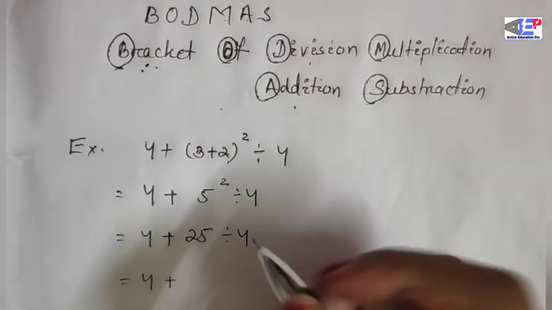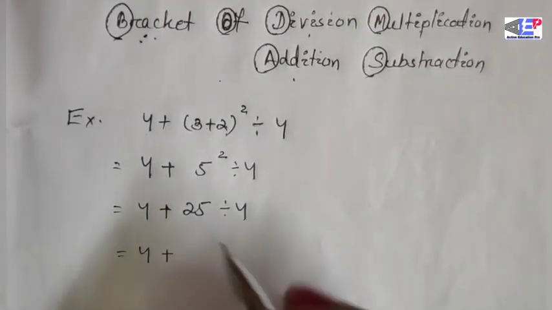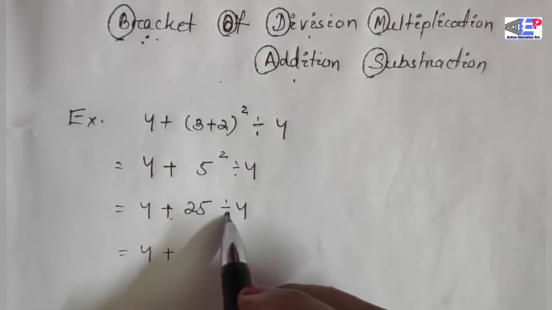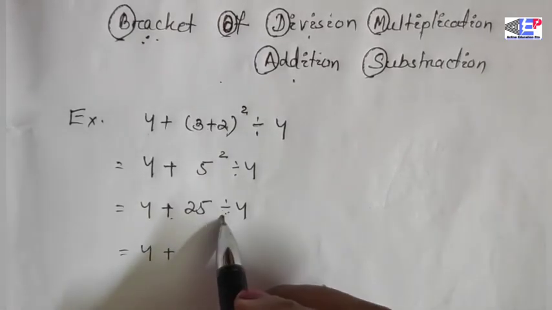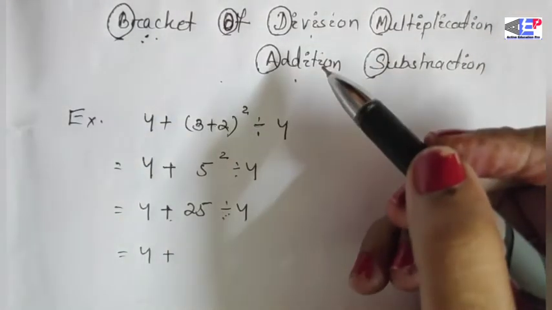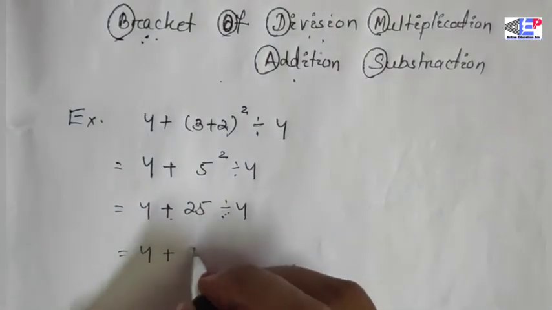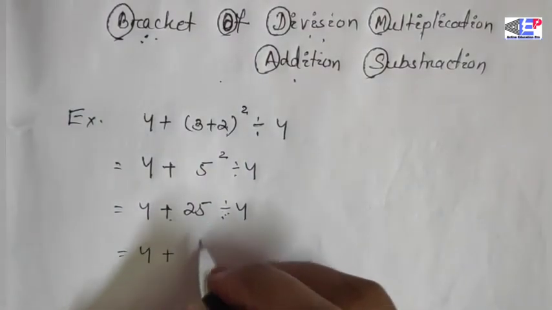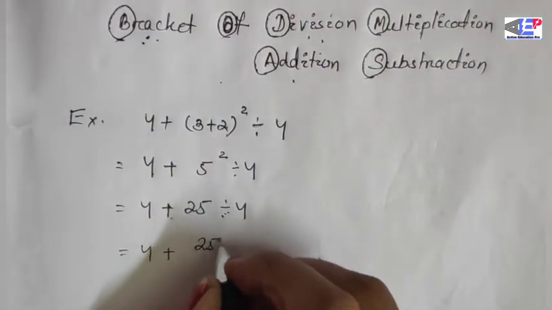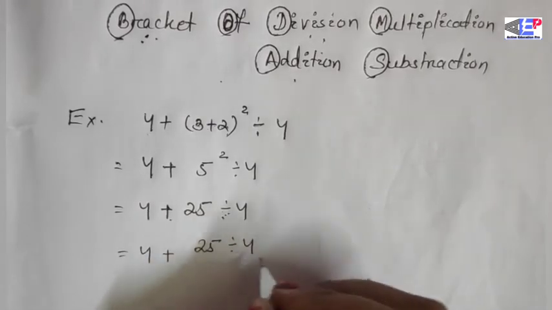Now in this term there are two operations, addition and division. So as per the rule, we have to divide first. 25 divided by 4.